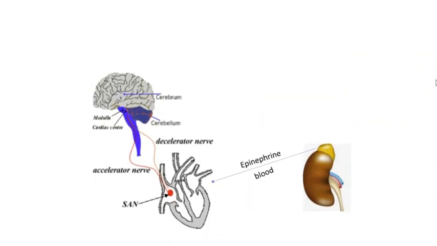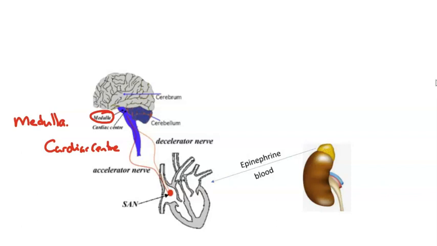The heart is connected to the brainstem, the medulla, or medulla as some people pronounce it. Within the medulla, there's a group of specialized cells called the cardiac center. The cardiac center is informed of physiological changes within the body, such as carbon dioxide and oxygen levels in the blood and the pH of blood, and it is able to then send out nerve impulses to the heart.